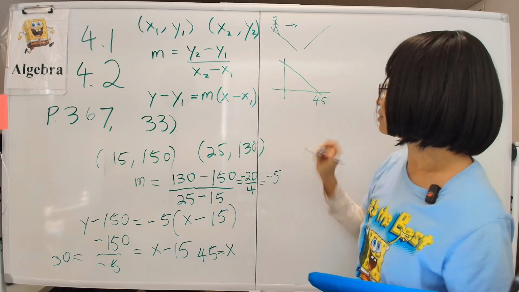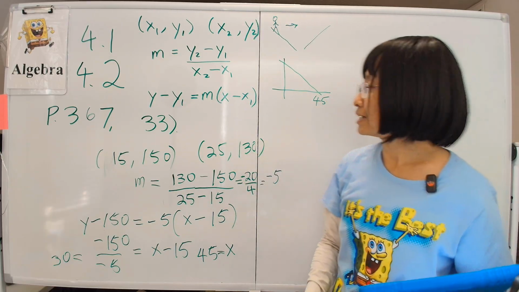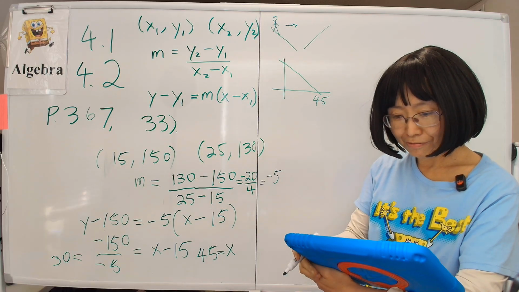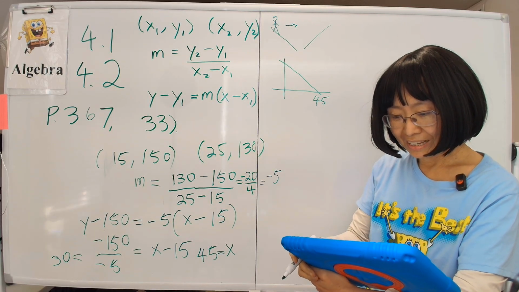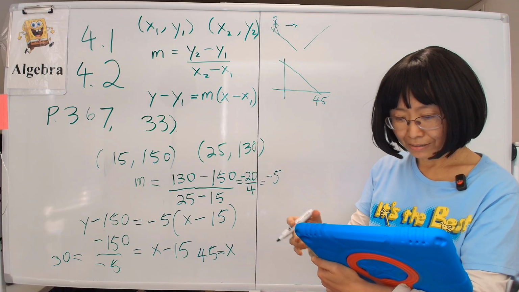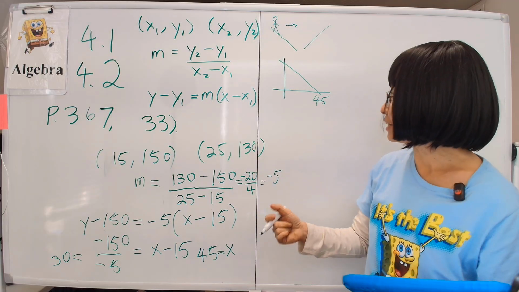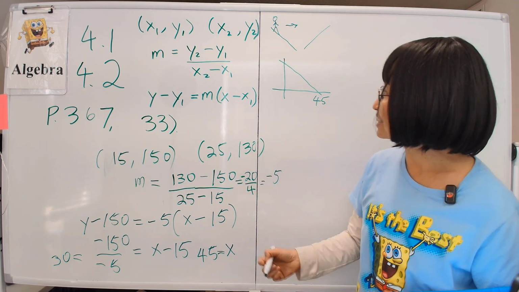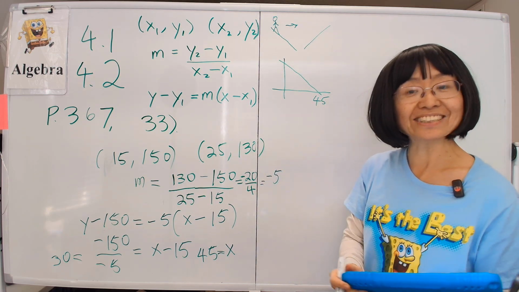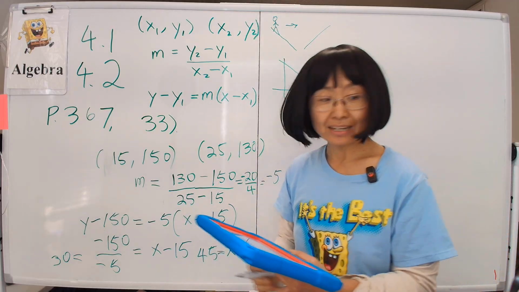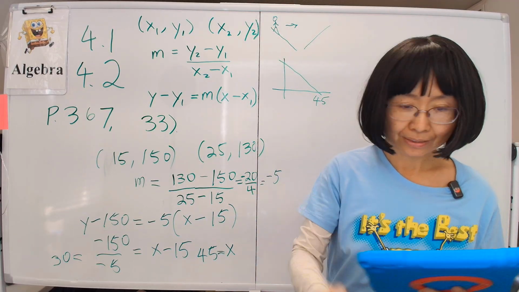So the y value is 0, and that means at the year 45, or 45 years after something, 1980 or whatever, the company will make 0 money. You see, it hit the ground. So let's hope they do better than that. And that's problem 33.